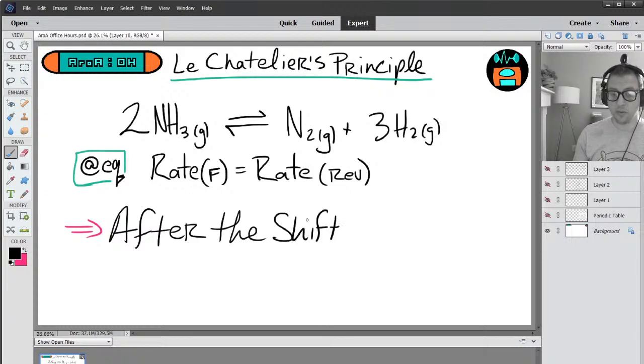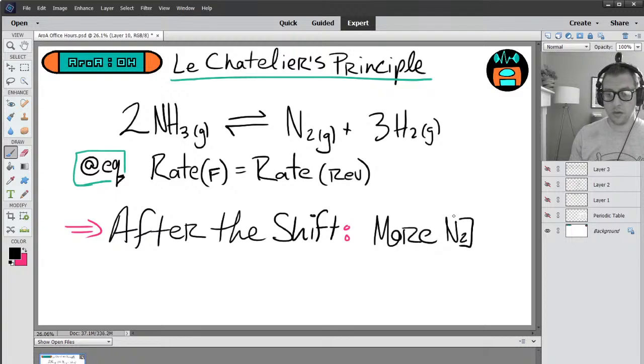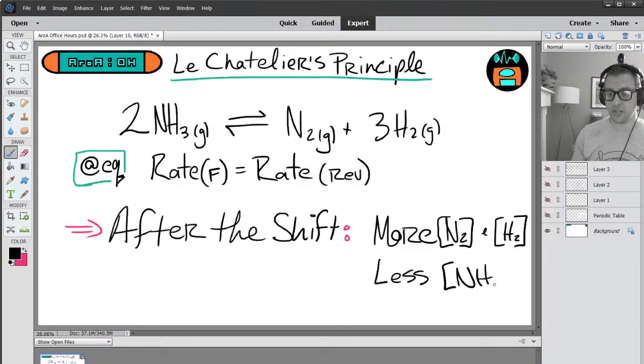After the shift in equilibrium, there's going to be two differences. First, there's going to be more nitrogen and hydrogen, right? Higher concentrations of these, and there will be a lower concentration of NH3 because it had to react away.